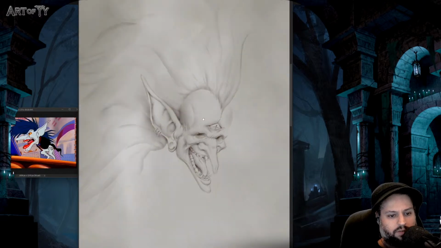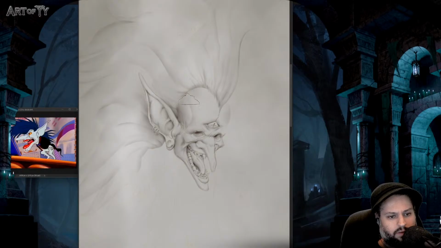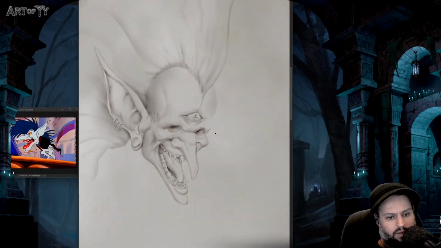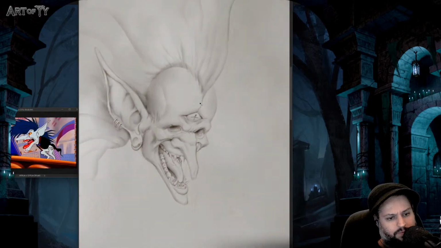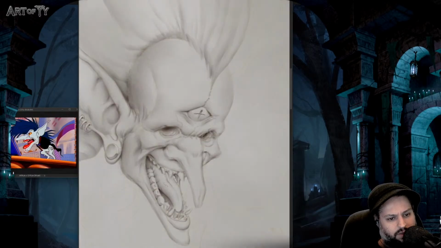Just make sure we're considering the bigger shapes here. I didn't capture this brow very well. There we go, that's still better. And then this transition here.